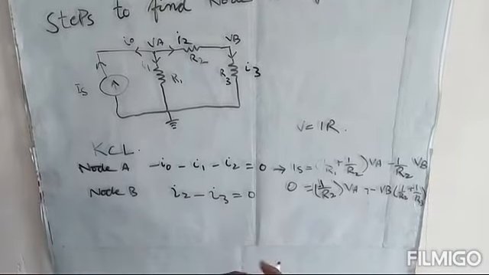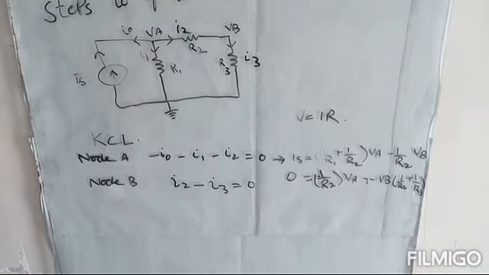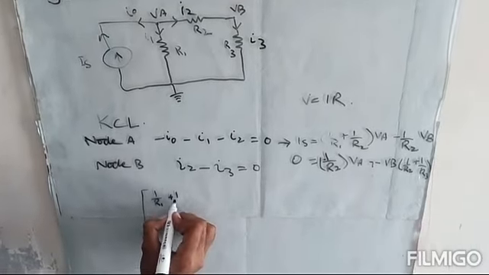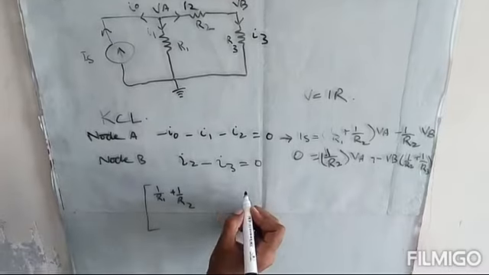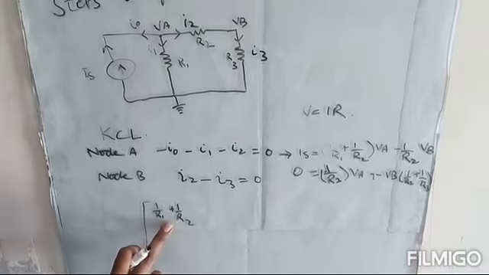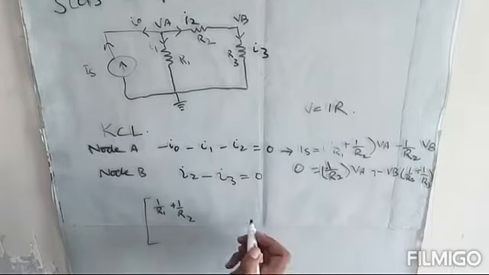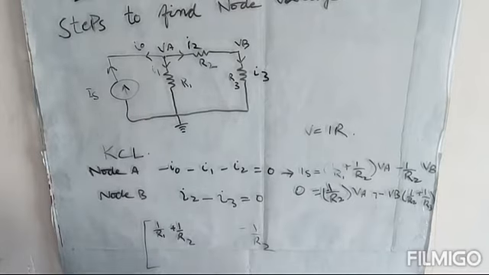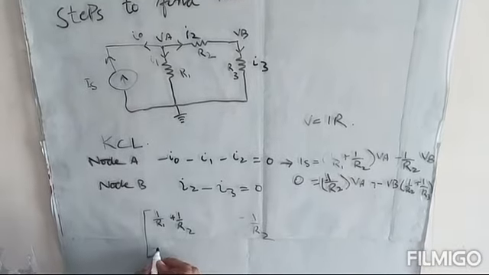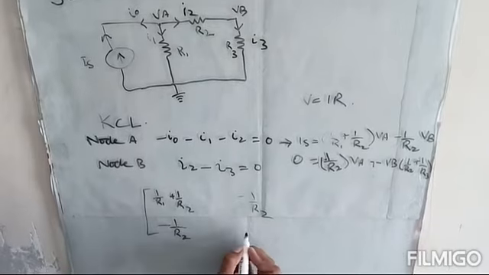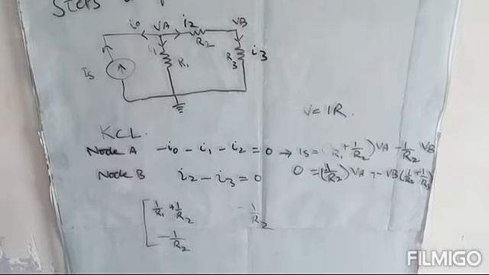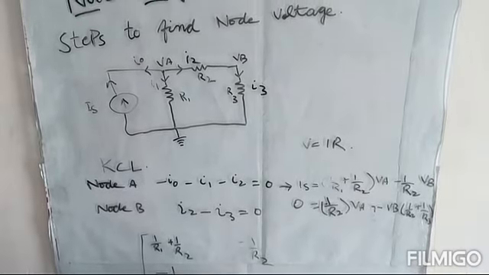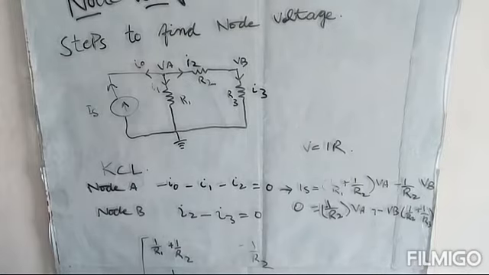Now we can write these two equations in the matrix form like this: 1 over R1 plus 1 over R2. The coefficient of VA is written here. Similarly, the coefficient of VB is minus 1 over R2, and the coefficient of VA in the second equation is minus 1 over R2, and the coefficient of VB is 1 over R2 plus 1 over R3.